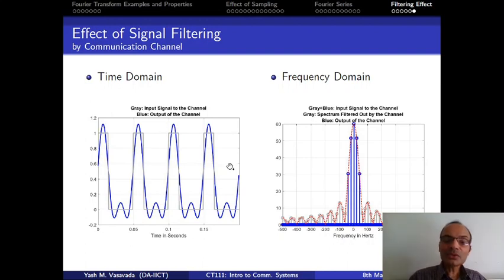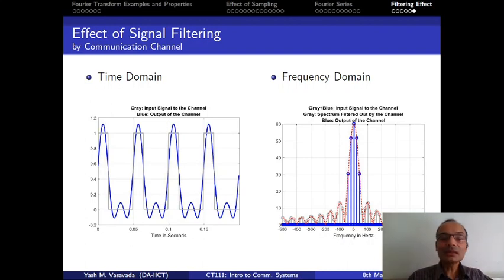What this example shows is that filtering is prevalent. It may not be entirely in your control. In this case, the filtering was being implemented by the nature of the communication channel itself.